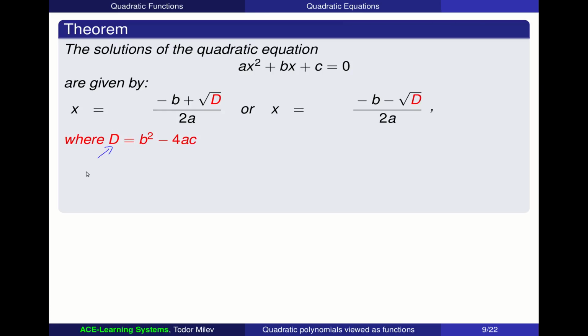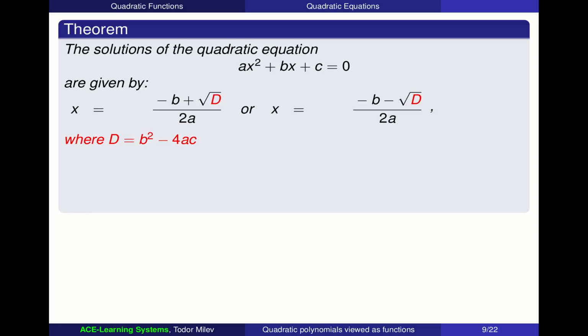Let me remind you, d is the discriminant. It discriminates between the two roots of the quadratic equation. So that's the discriminant of our quadratic, and it is given by the formula b squared minus 4ac. Okay, so that is our solution.